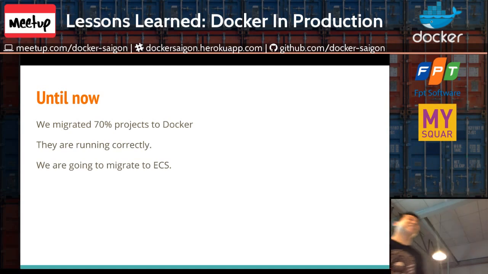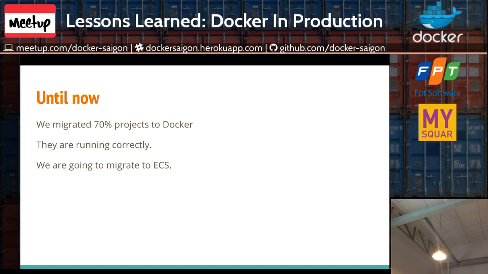Okay. After a lot of research, we got a lot of problems when we applied Docker on production, and right now we have already migrated 70% of projects to Docker, and they are running correctly.